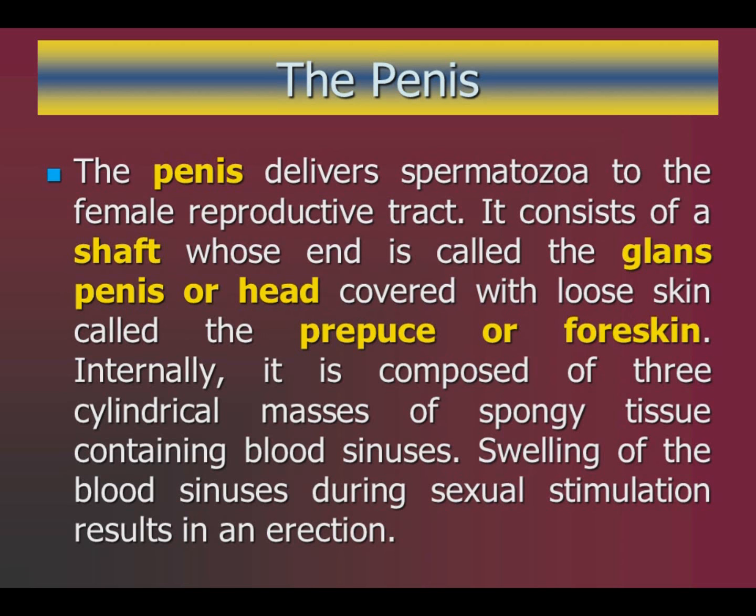Internally, the penis is composed of 3 cylindrical masses of spongy tissue containing blood sinuses. During sexual stimulation, the arteries that supply the penis dilate, and large quantities of blood enter these blood sinuses. The expansion of these sinuses compresses the vein that would normally drain the penis so that most of this entry blood is retained.